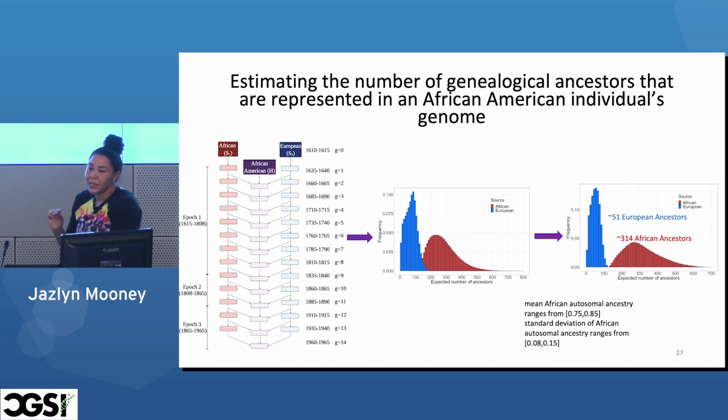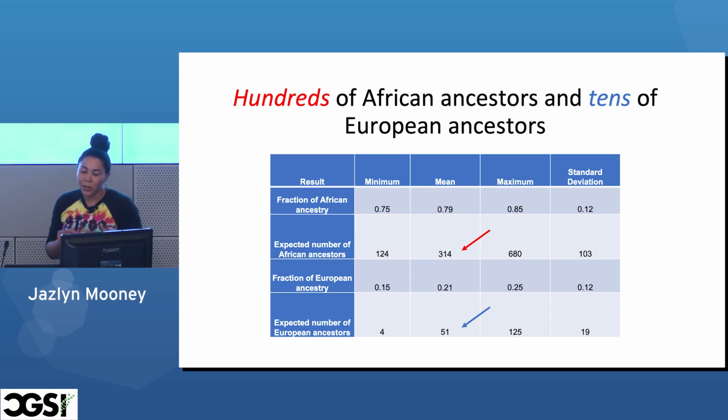That result is that if you take a random African American individual, you would see that on average, they have 51 European ancestors and 314 African ancestors. In other words, we're on the level of hundreds of African ancestors and tens of European ancestors.